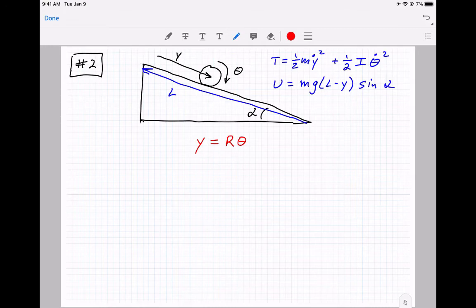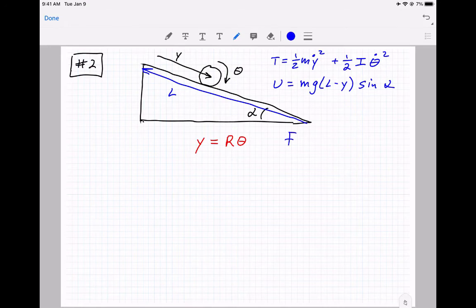Okay, and you do sometimes have to look at that, but if you think about it, if theta goes around 2 pi, that means that I've got a full circumference of translation, and so that means my y has increased by 2 pi r through one circumference, right? So one rotation.